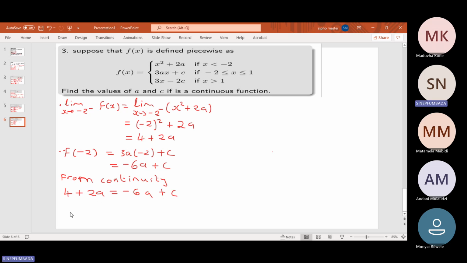So let's make c the subject of the formula. 4 plus 6 is directly 8a, so 8a plus 4 is equals to c.